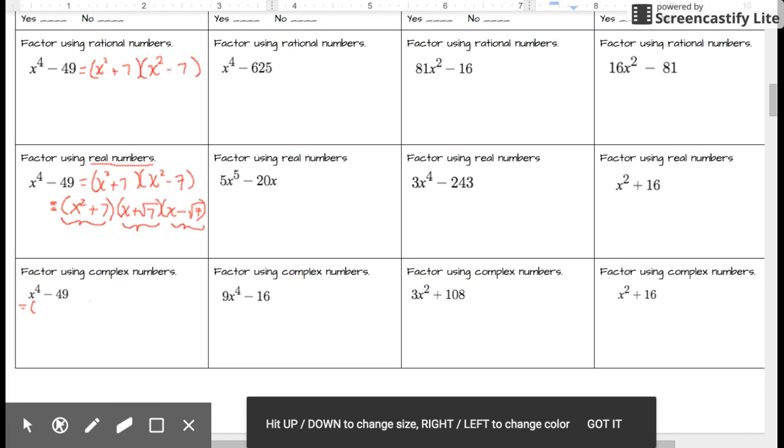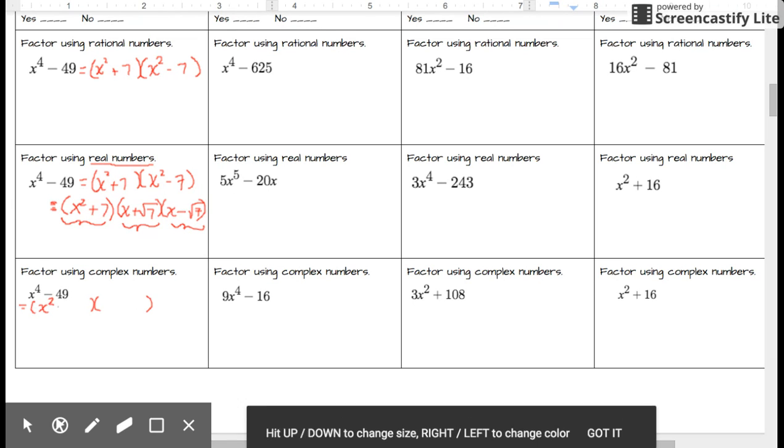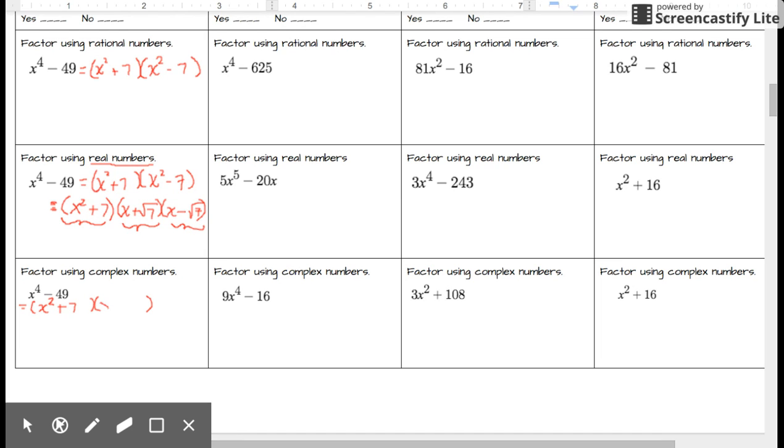Okay, first we recognize that this is a difference of two squares, so we can factor as x squared plus 7 times x squared minus 7. Now, the x squared plus 7, we can still factor this using imaginary numbers because that's a sum. We can think of it as a sum of squares. And the x squared minus 7, we can think of it as a difference of squares.